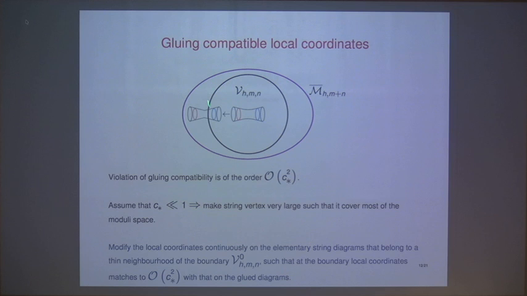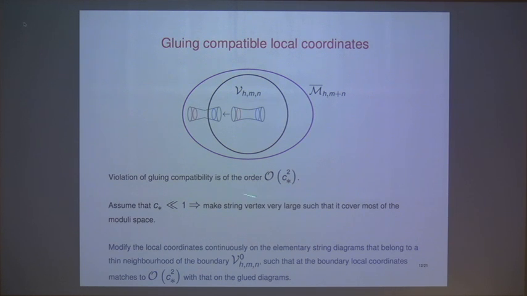So what I can do is choose a small neighborhood around the boundary of the string vertex and slightly vary the local coordinates on the string diagram such that when I reach the boundary of the string vertex, it will have the local coordinate that is the same as the local coordinate on the glued surface. That is a simple procedure, and we can do this because we know in which way we are supposed to change the local coordinates. If you are interested only in closed bosonic string field theory, this is a solution. You can construct any string vertex using this procedure.